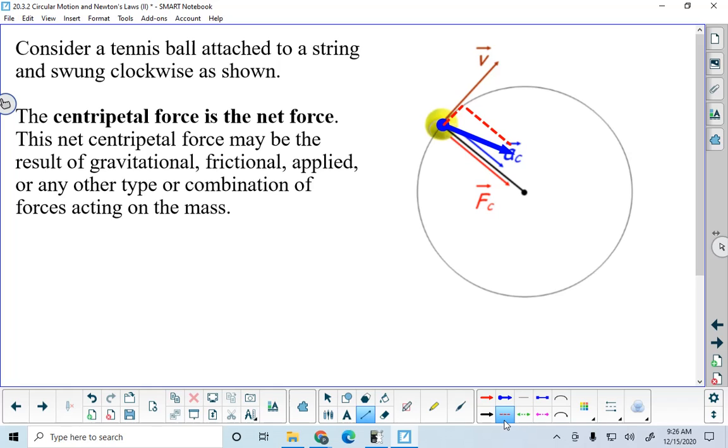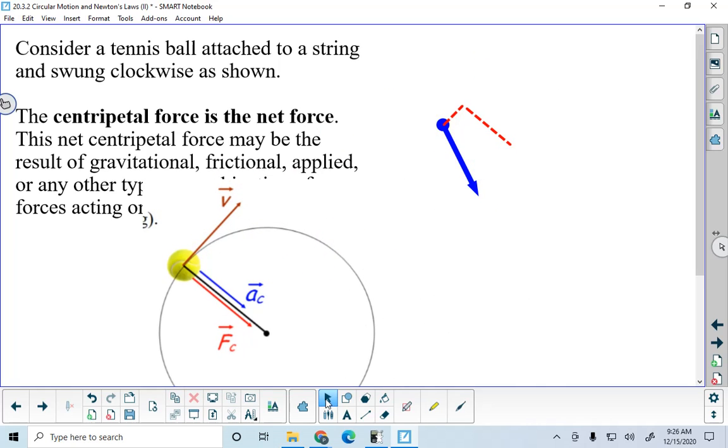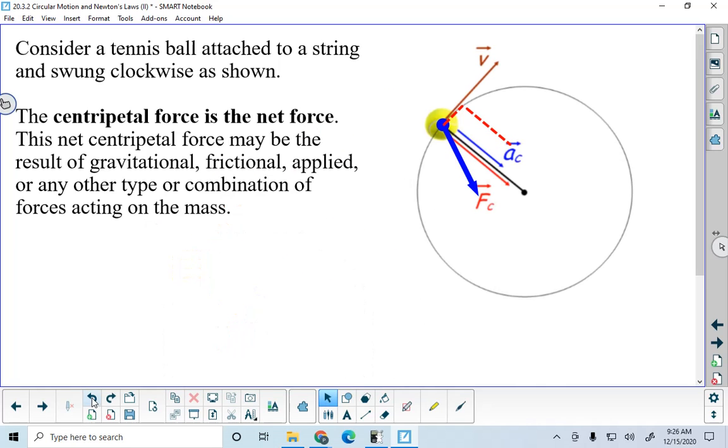So there's no way that that blue vector can be in that direction because it would speed the object up. And if the blue vector were in this direction, then there would be a component to the acceleration that would be acting backwards, and the velocity vector would decrease. So the only thing that makes sense is that the acceleration is towards the center.